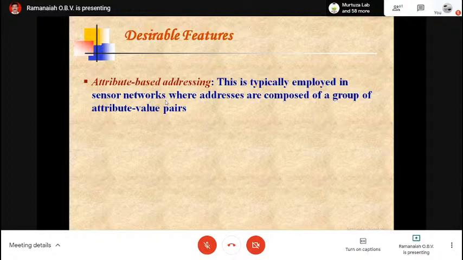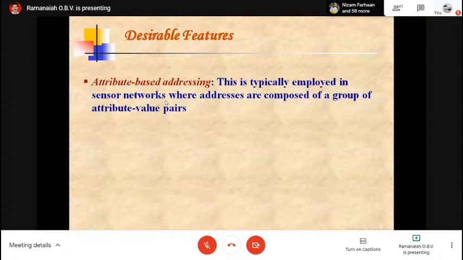Right? You will disseminate the query to the network. So having received the query, each and every node will sense the value and check whether the condition holds good at its place or not. If it holds good, that is the desired sensor node, and it should get active and then participate in the communication. Right?